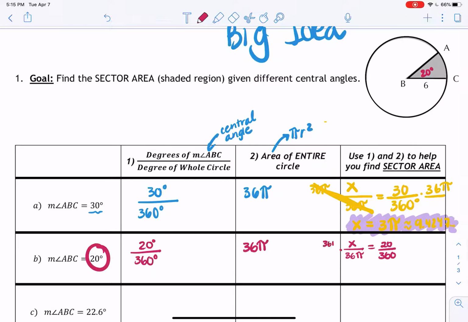Undo, multiply by the denominator. X equals, use your calculator, 2 pi, which is approximately equal to 6.283.